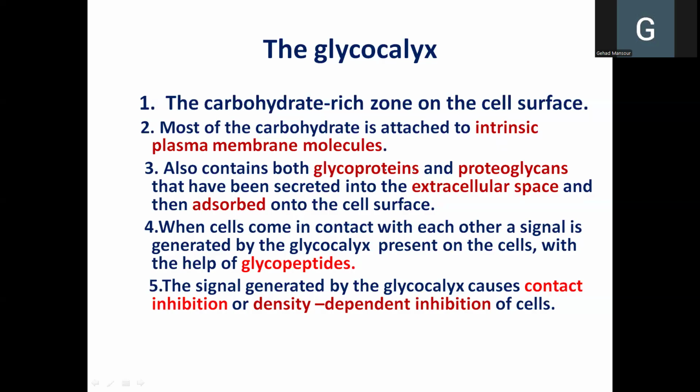And these glycoproteins and proteoglycans can be secreted, if they leave the cell, because as you know, there are some types of glycocalyx molecules that stay attached to the cell membrane, but there are other glycoprotein molecules, as we have said before, that are secreted in the extracellular space.